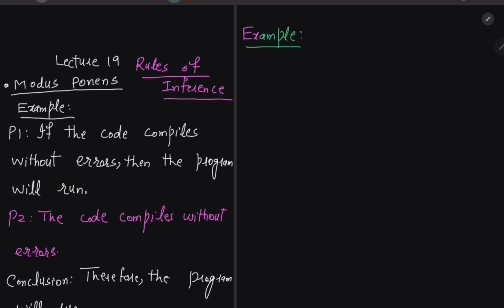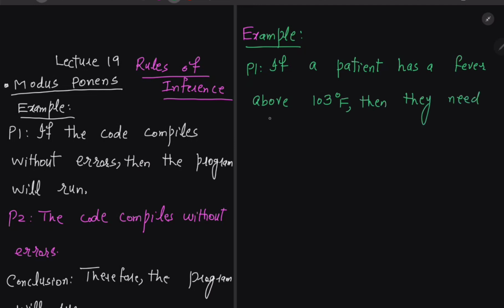Suppose we have premise 1: if a patient has a fever above 103 degrees Fahrenheit, then they need immediate medical attention. This is premise 1.